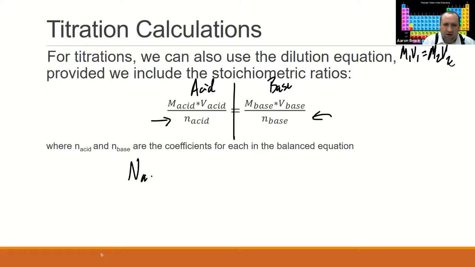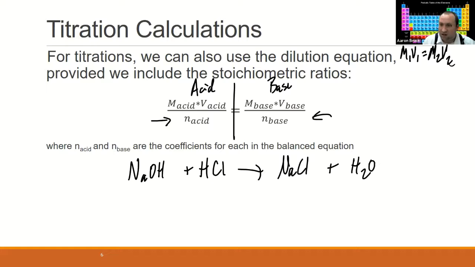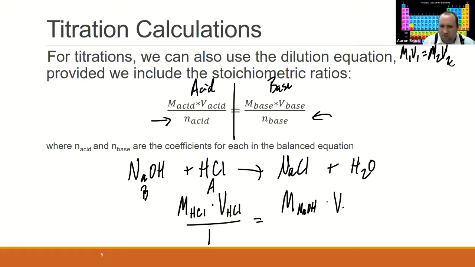So if I have a simple chemical reaction like this, your quintessential acid-base neutralization reaction, we've got our base and our acid here, and the setup of this would be, I would have the molarity of the HCl multiplied by the volume of the HCl divided by 1, equaling the molarity of the sodium hydroxide multiplied by the volume of the sodium hydroxide, also divided by 1, because the stoichiometric coefficients in each of these cases are not printed here because they are 1.